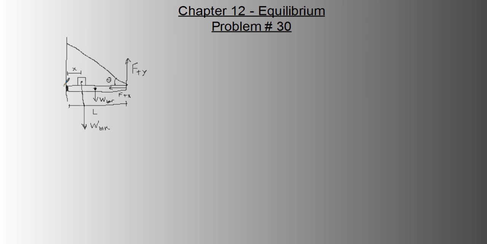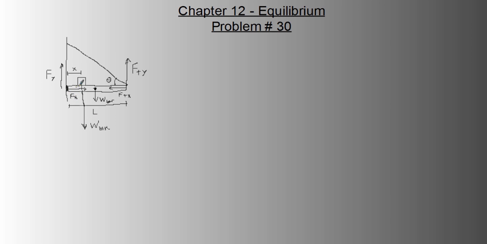The hinge is going to, because gravity's pulling on this end of the bar too, right? So the hinge is going to keep it from falling down, so that's going to act up. We'll just call this Fy. We call it F hinge Y, but just save a letter. And of course, the wall is going to push the bar back this way because tension is pulling it into the wall, so it's going to counteract with an Fx going that way.